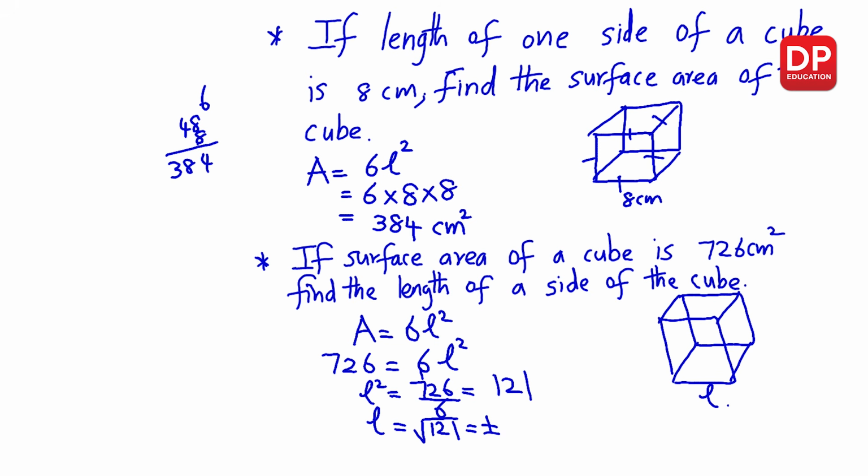The square root of 121 is 11. So you get plus or minus 11, but this is about a length, so that should be a positive value. So what's the length of one side? L equals 11 centimeters.